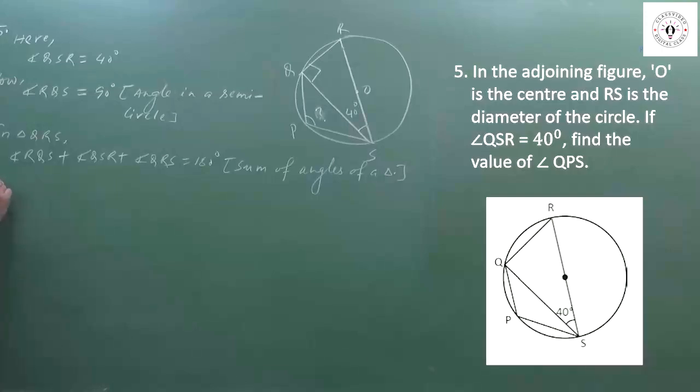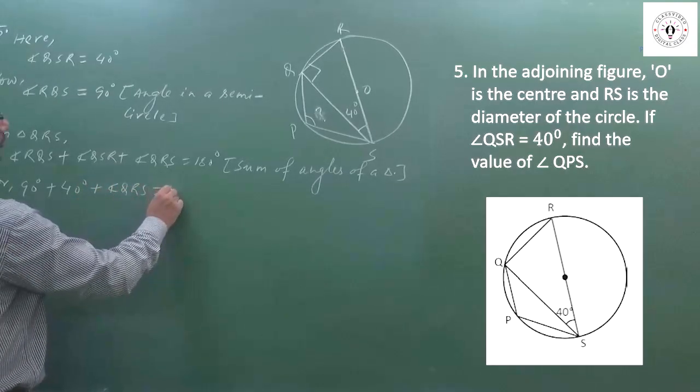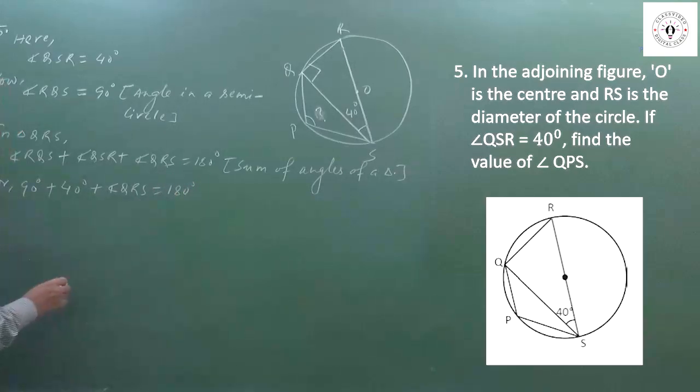Now RQS is given as 90 degrees, QSR is 40 degrees, and QRS as it is, equals 180 degrees.